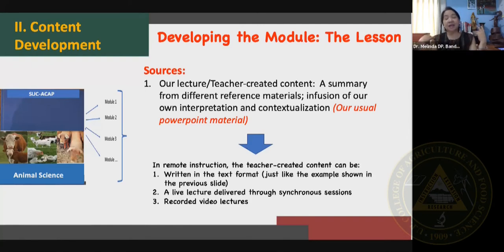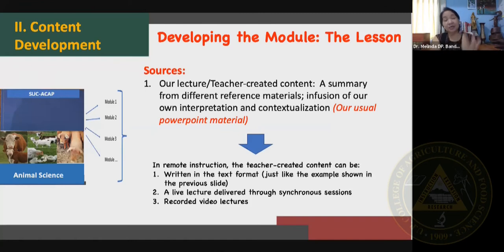Remote instruction tayo. So, pwede tayo magkaroon ng synchronous session at yon ang i-lecture natin. I-lecture natin kapag ka-synchronous session. Para lang tayong nasa klase. Diba? Pero instead in a classroom, nasa Zoom space tayo or Google Meet or whatever platform that you usually have. But then, of course, we can also record.